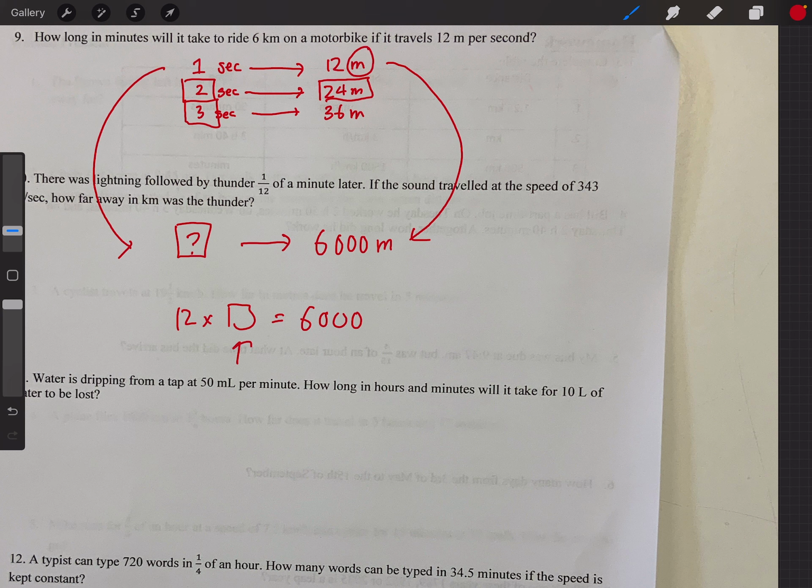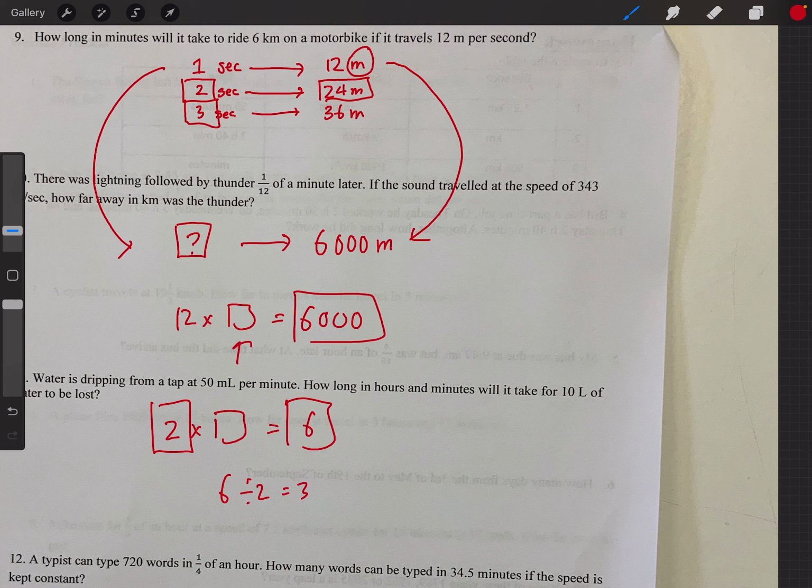So to find the number, what do we do? Well, imagine if you had 2 times 3 equals 6. We know the answer is going to be 3, but how are you going to get 3 using these two numbers here, 6 and 2? Well, you say 6 divided by 2 equals 3. So same thing here. You're going to take 6,000 divided by 12.